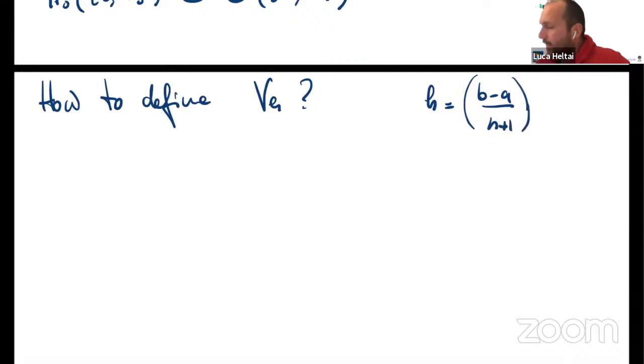Okay. So now let's discuss a little bit about this. For the second, this is going to be 1 over N plus 1.